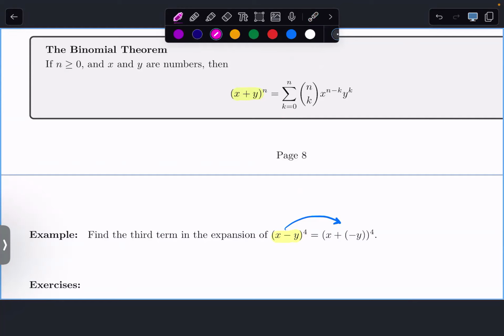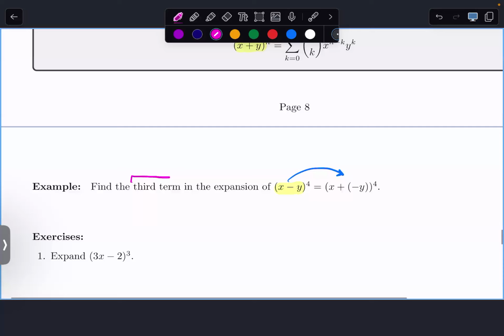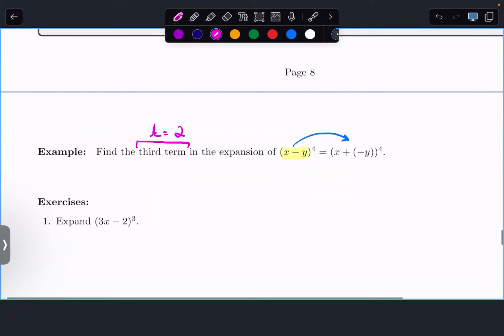You could do that, or you could do the entire expansion. That's probably what I would do. What do you want to do? We'll do the entire expansion just for practice.